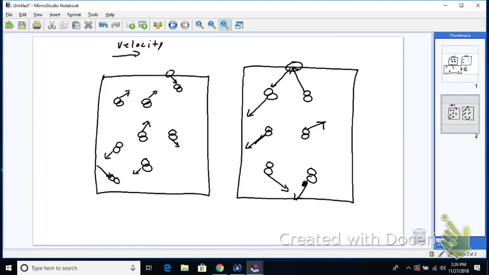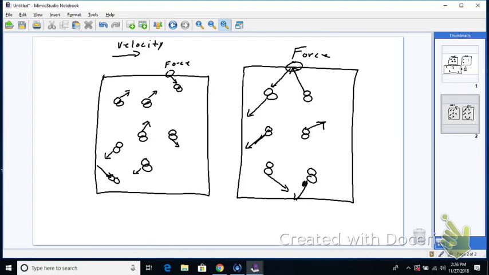So this force is going to be bigger here, and this force is going to be smaller. That force is bigger than this force because of velocity. And it would also matter if it had a weight, like inertia. So if this was a bigger molecule going the same speed, it's going to have a much greater force.